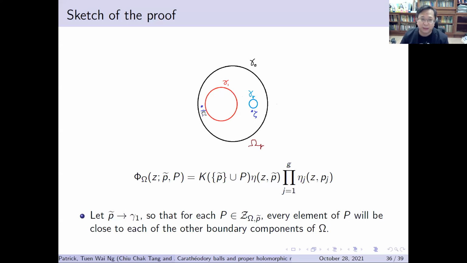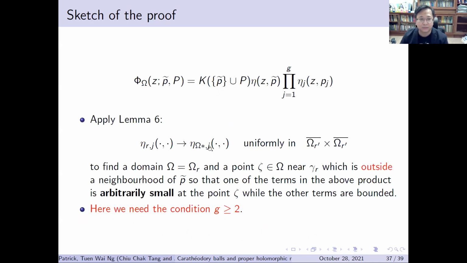If we take a p tilde and let it approach, say, gamma 1, then according to the previous discussion, all the other zeros will tend to other boundary circles. So that's the first step. In other words, there will be a zero very close to this gamma r.